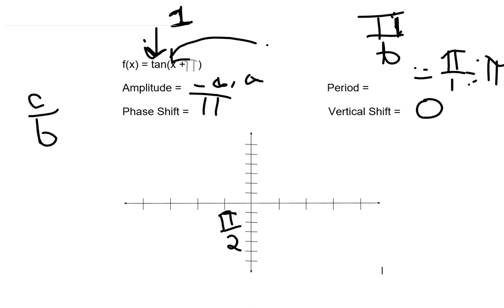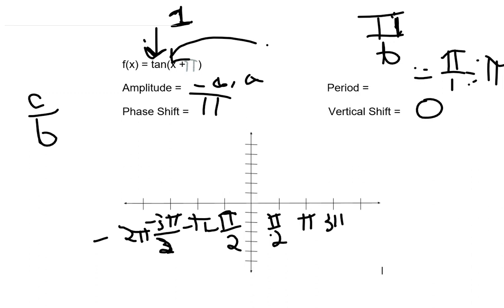I like to go by pi over 2 unless there's a glaring need to do something else. So I've got 3 pi over 2, 2 pi, that should be enough, and these are all going to be negatives. Going the other way, I'll have pi over 2, pi, 3 pi over 2, and 2 pi.